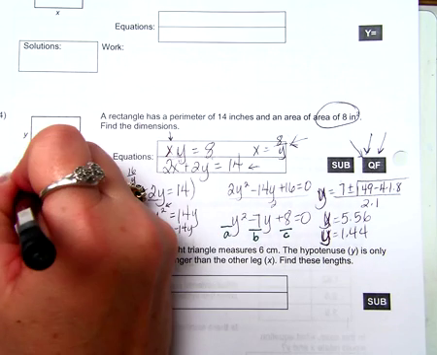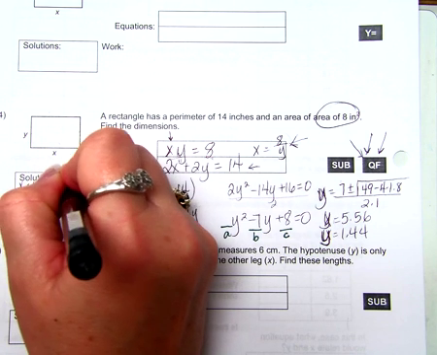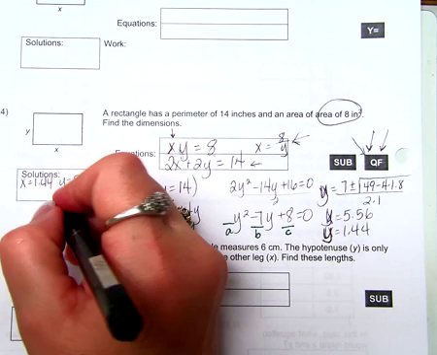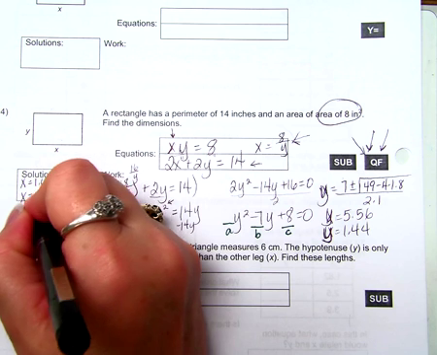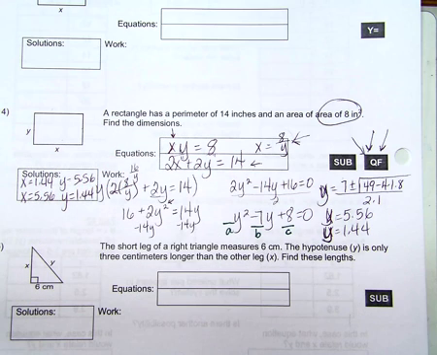So when x is 1.44, y is 5.56. What is x when y is 1.44? x is 5.56 and y is 1.44. Does it always happen that way? No. I wanted to show you one that did, so you would be aware of it. Okay?